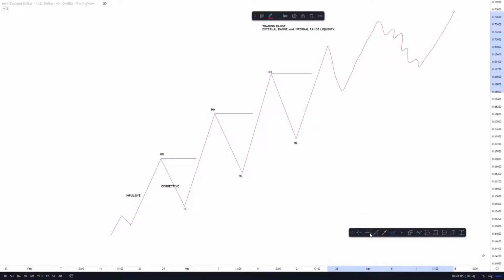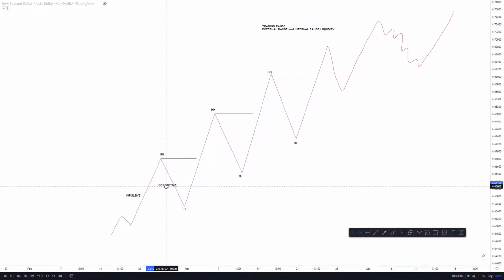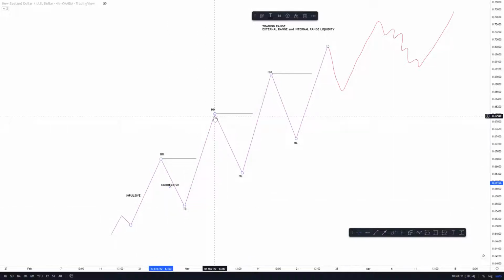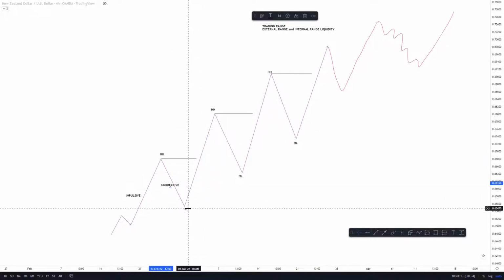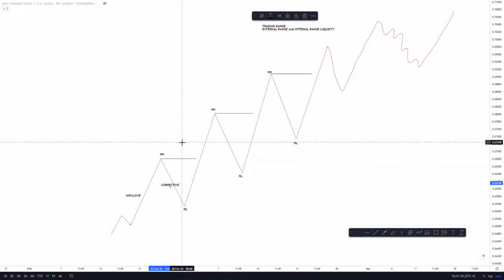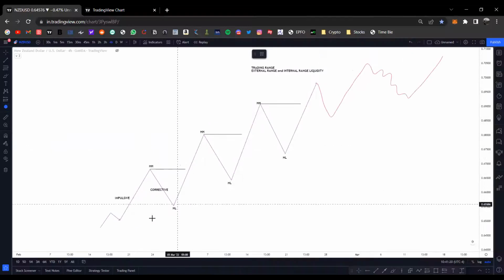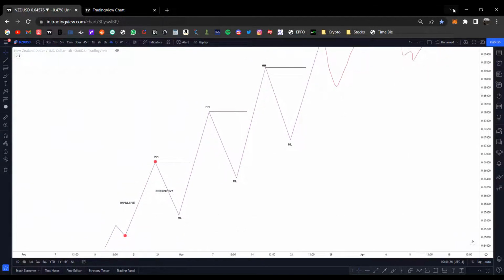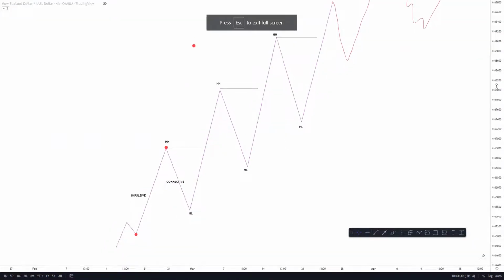So how I see my trading range, I see the distance between the higher low to higher high, and the distance which is responsible for the breaking market structure here. So this distance, the higher low to higher high, I call that a trading range.